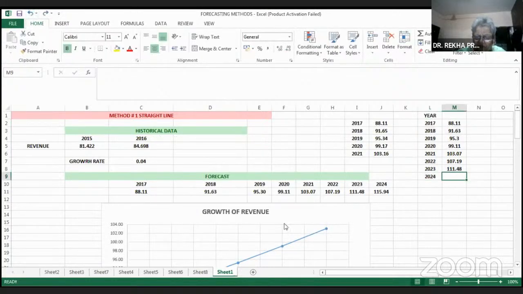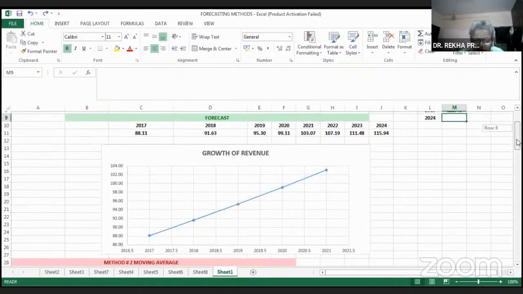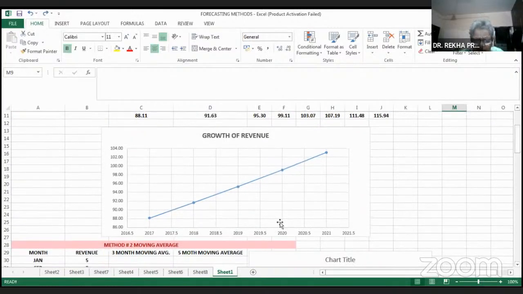Till here I have done only till 21, from 217 to 21.